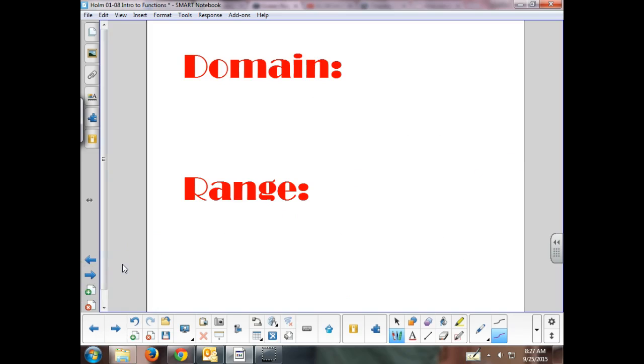This, though, should be new language. Domain and range. This is not the statistical range, the high minus low. This is different. The domain is the set of inputs. It's what numbers you pick from.